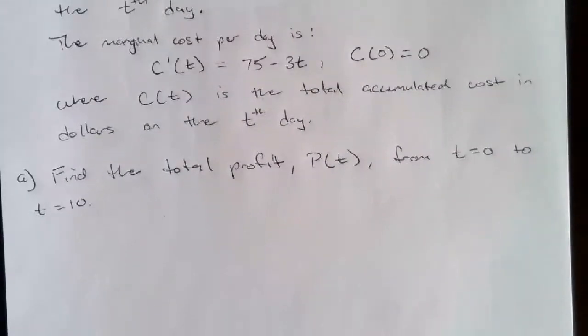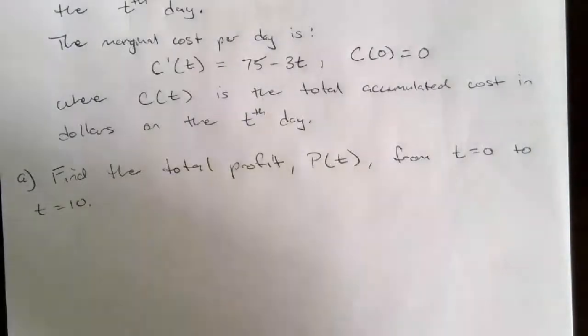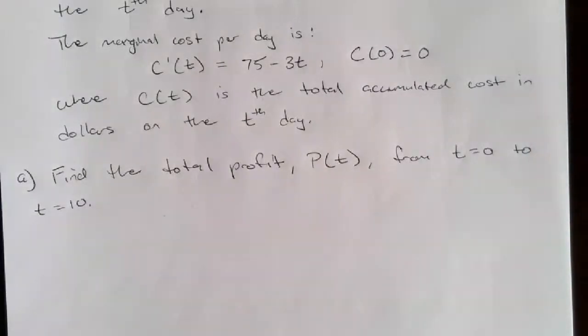So let's make sure, when I say this, the first thing you've got to recognize is that for the profit function P of t, they didn't give us anything about profit, right? They didn't tell us the marginal profit, which would have been the derivative of it. But we do know some information, right?